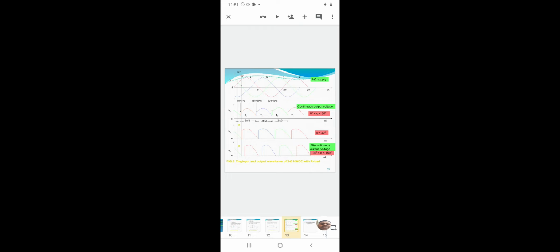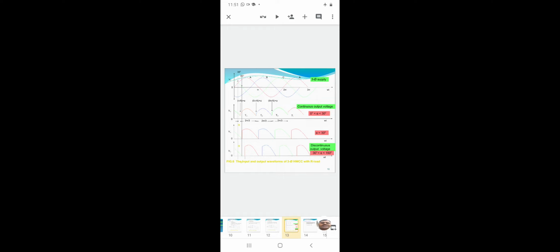For the T2 thyristor, at 5 pi by 6 plus alpha, the firing pulses we have to apply. Then we obtain the controlled output voltage.